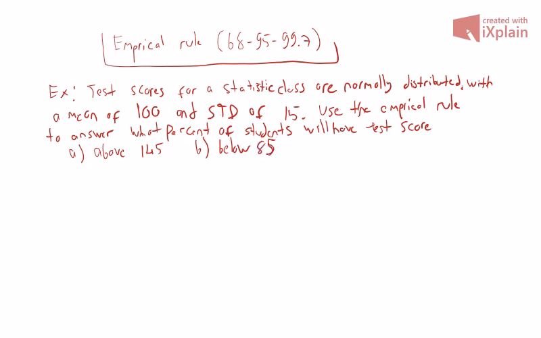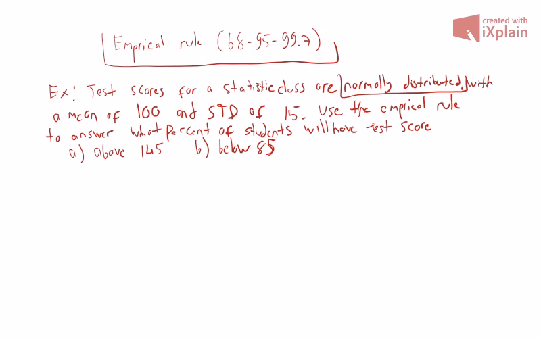Okay, this is our question. Again, test scores for a statistics class are normally distributed, which is important, with a mean of 100 and standard deviation of 15. And use the empirical rule to answer what percent of students will have test scores over 145 and below 85.